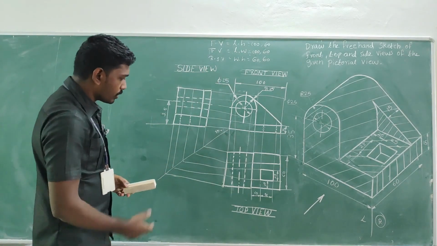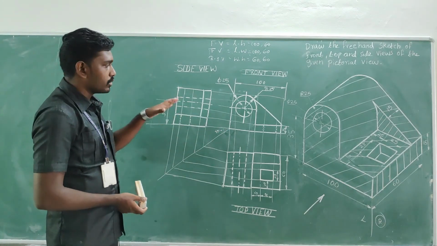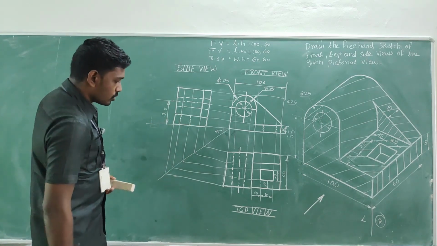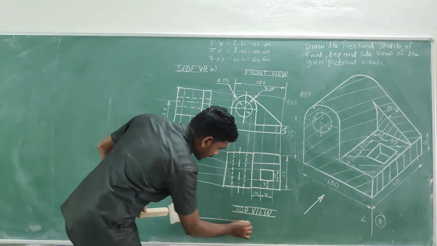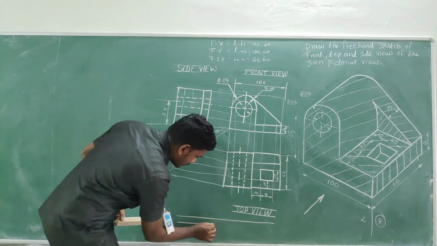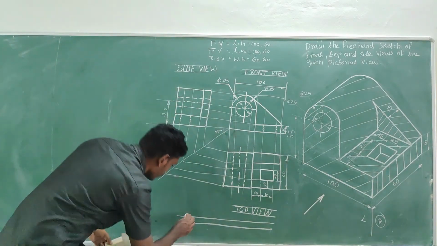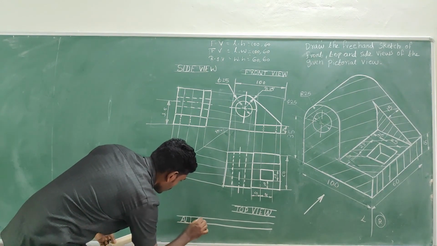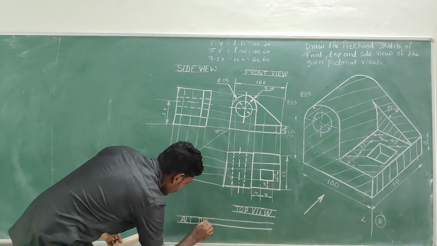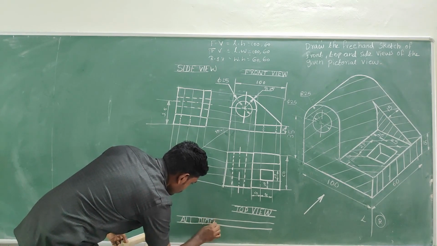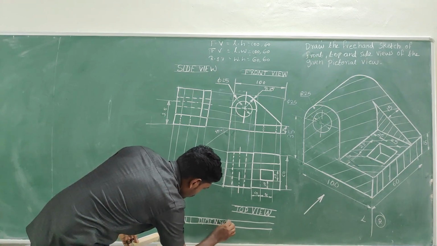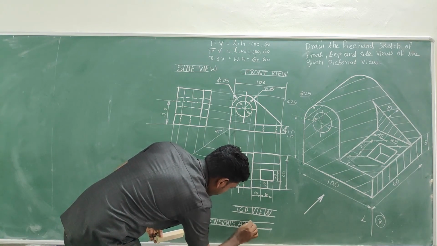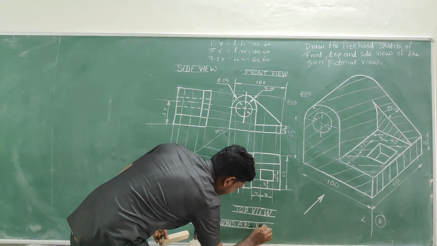Side view. Next, the note: all the dimensions we have done are, in the standard manner, taken in mm. So at the bottom of your diagram you can draw a lengthy guideline with a 5 mm gap and write all dimensions in mm.